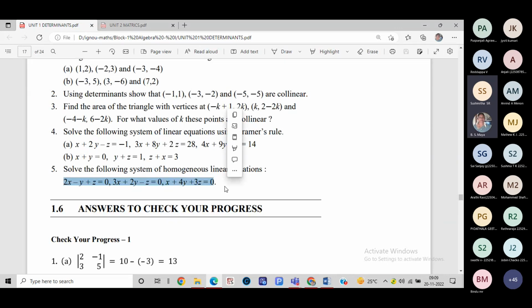2x minus y plus z is equal to 0. 3x plus 2y minus z is equal to 0. x plus 4y plus 3z is equal to 0.